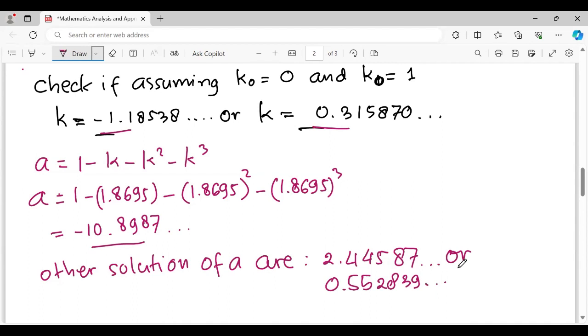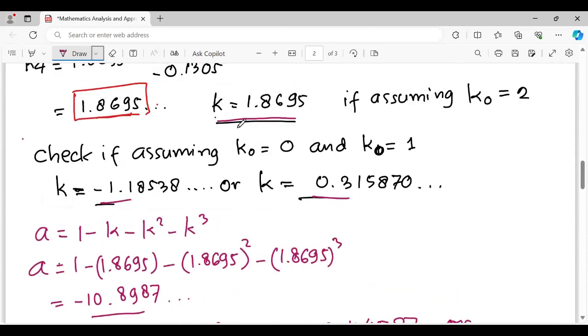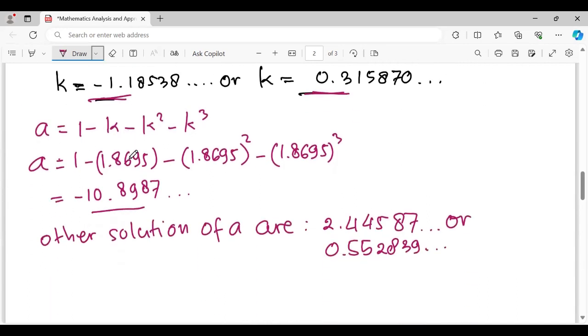So there are three possibilities of K, this one, and this one. As well, there are three possibilities of A. This one, and this one, and this one. So it depends on K.